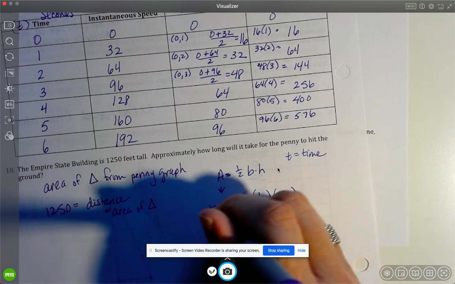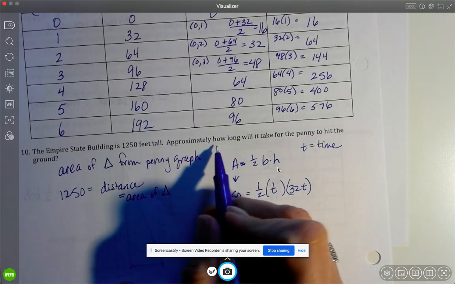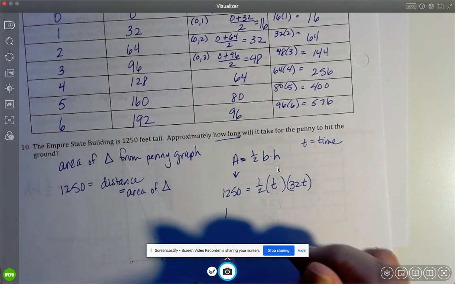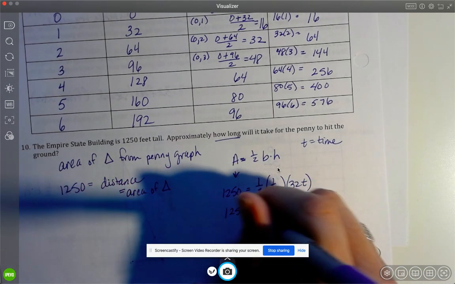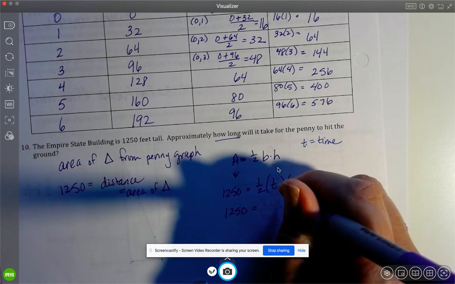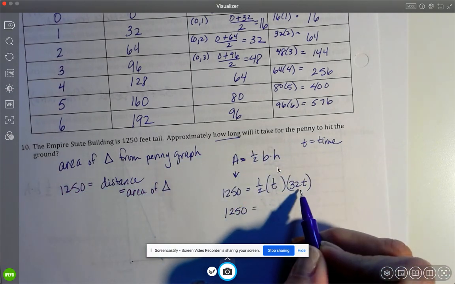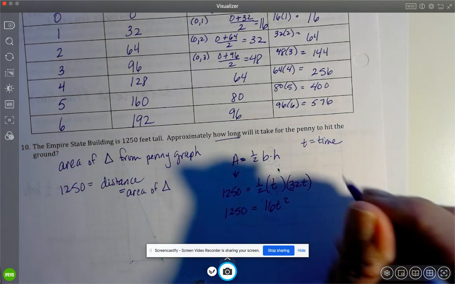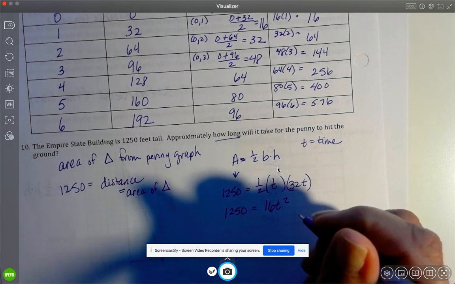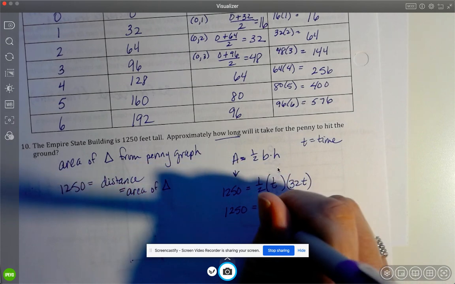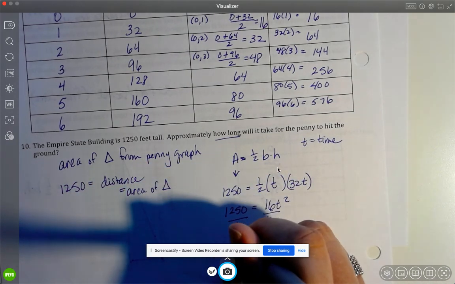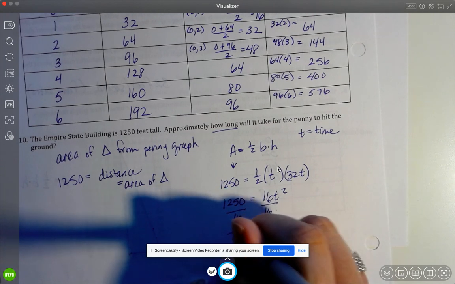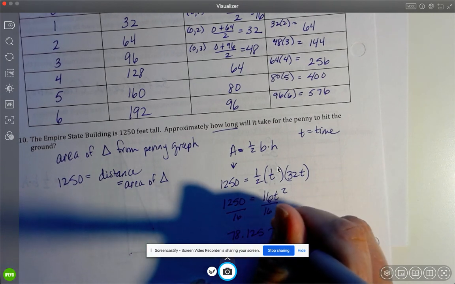I need to solve for time. It says how long. So how long is time? So I have 1250 equals, well, 1/2 times 32t times t is 16t squared. And I can go ahead and divide by 16. And I get about 78.125 equals t squared.